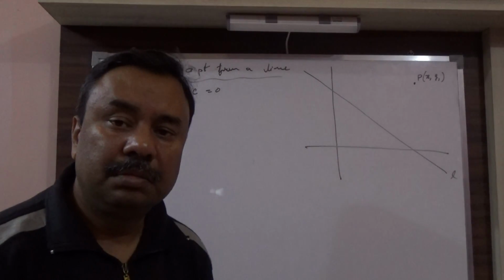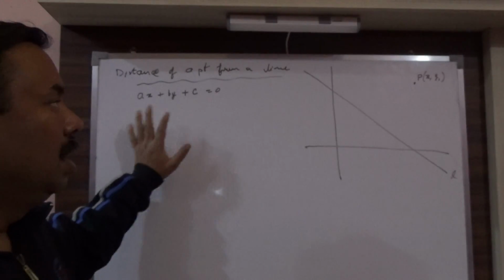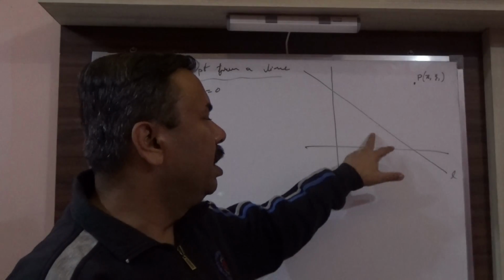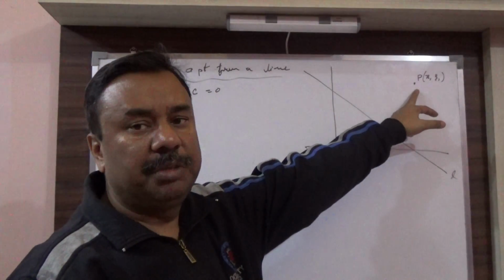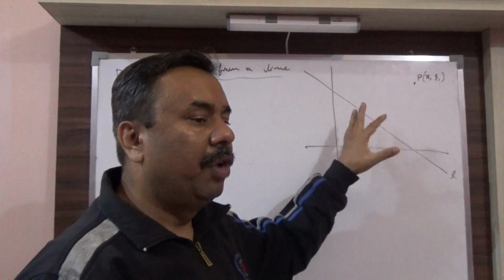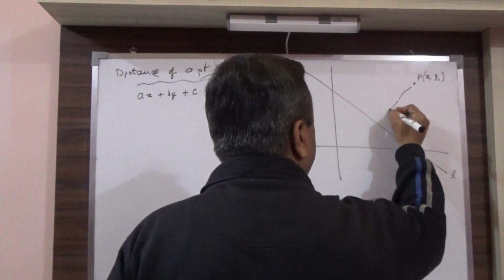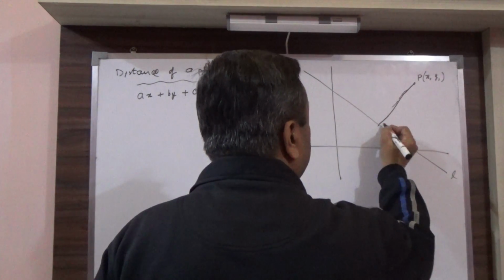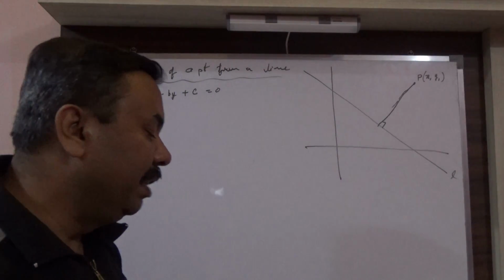Got it? Standard form of equation. I am not taking any special form. This is the line, the point is given away from the line, and you have to find the distance of this point from this line. That will be the length of the perpendicular drawn on the line. If you draw a line, you have to find this length.